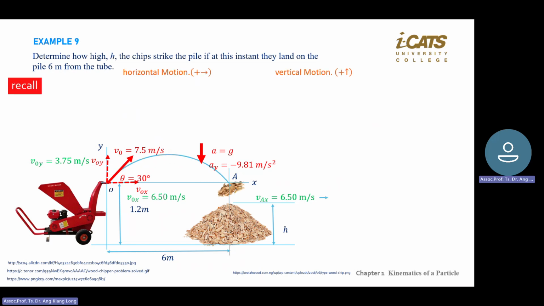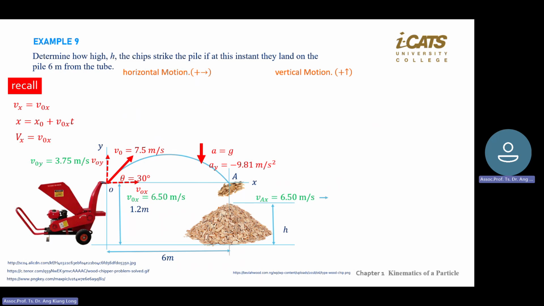Now we look at two dimensions: one is horizontal, one is vertical motion. Recall again these three equations that you derived. When AOX equals 0, you get these three new equations. You look at the diagram, whatever you can use, you substitute, and then you find the answer. For example, VOX, you know already, so substitute here. Here also the same.